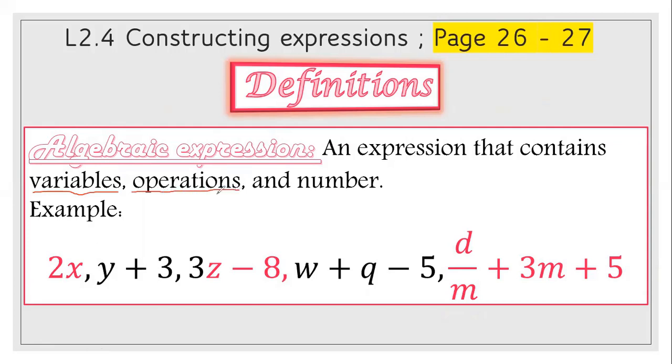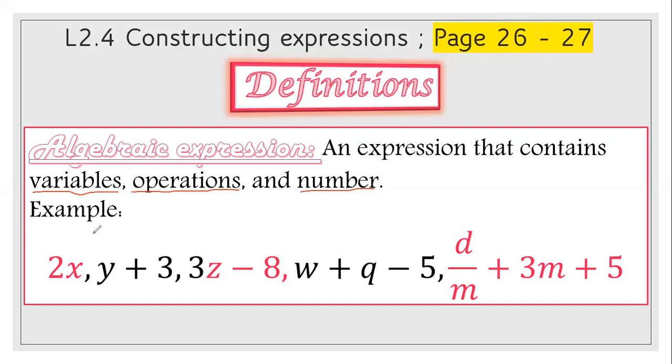Operation, what do I mean by operation? Plus, minus, multiply, divide, exponents or powers, okay? And numbers that you know, that you're familiar with: positive numbers, negative numbers, fractions, decimals, percentages. All of these are numbers, so you can use all of them, okay?